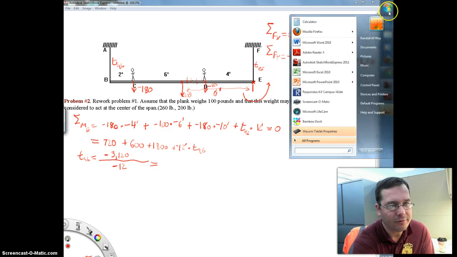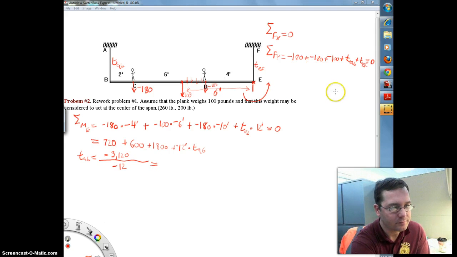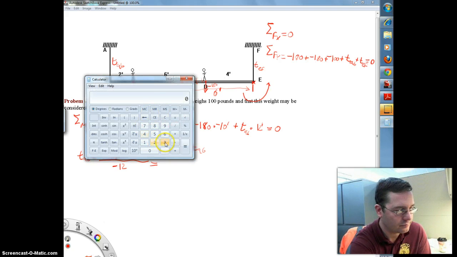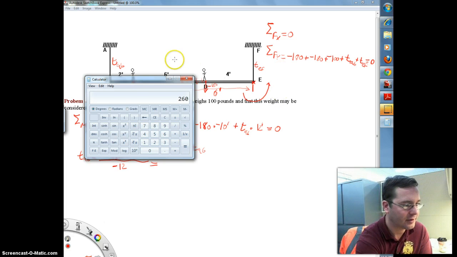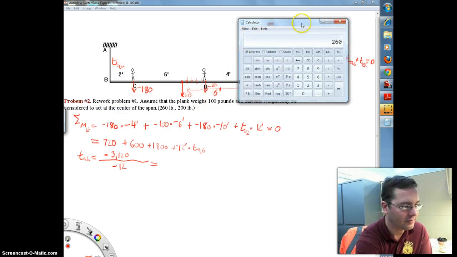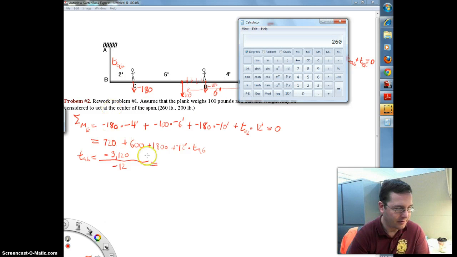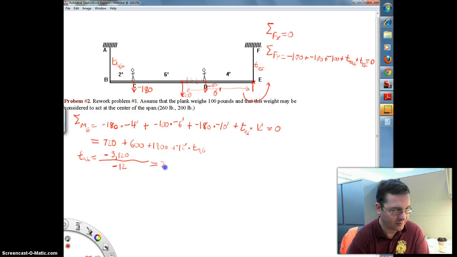And taking the quotient of those two numbers, I can take them both as positive because a negative divided by a negative is a positive. And we get the tension in wire rope AB as 260 pounds, which agrees with the answer given in the answer key.